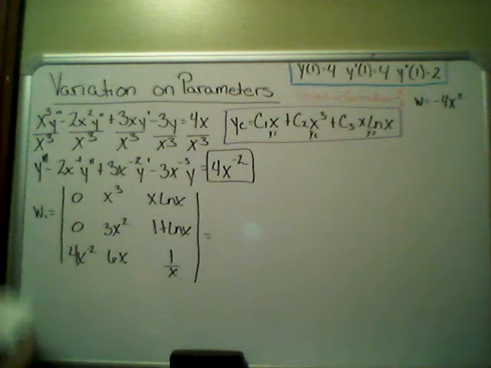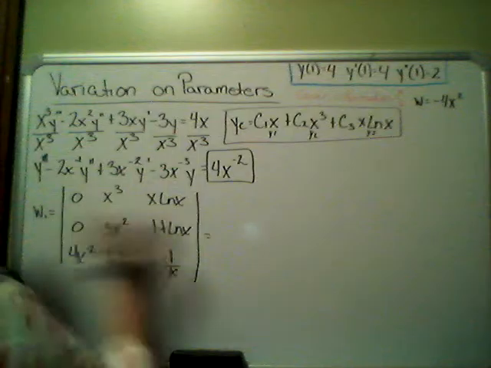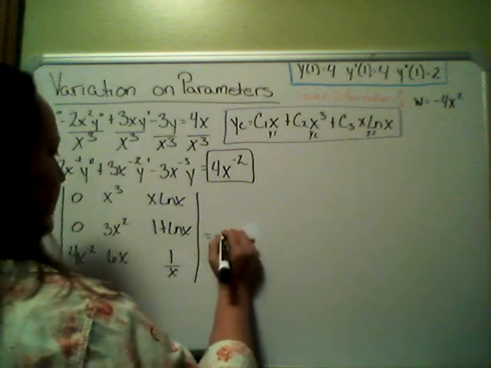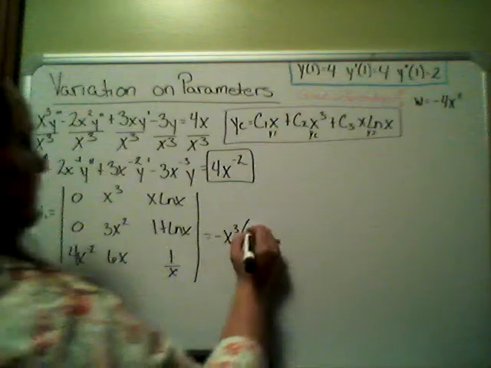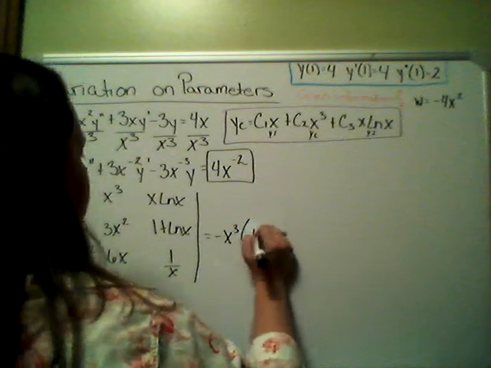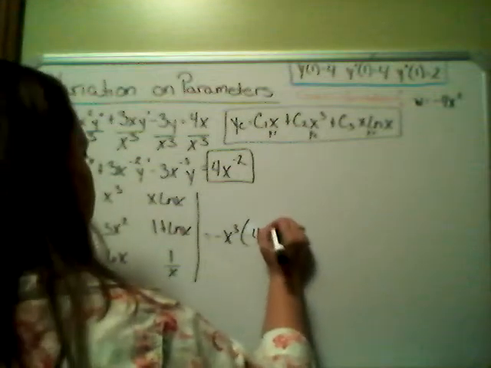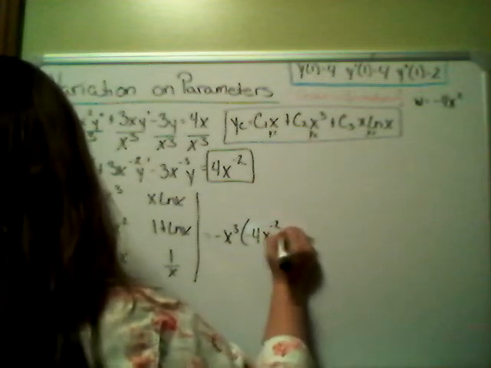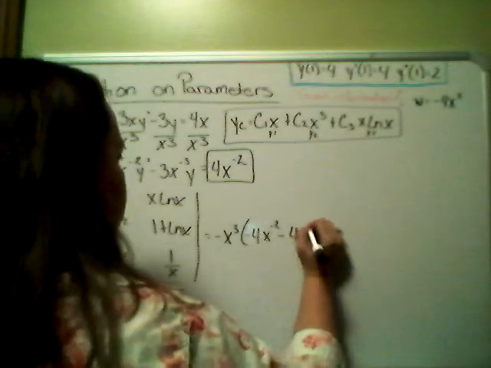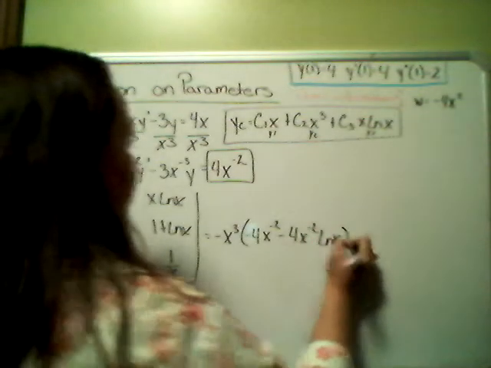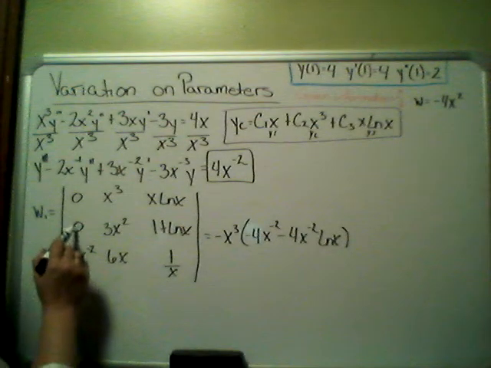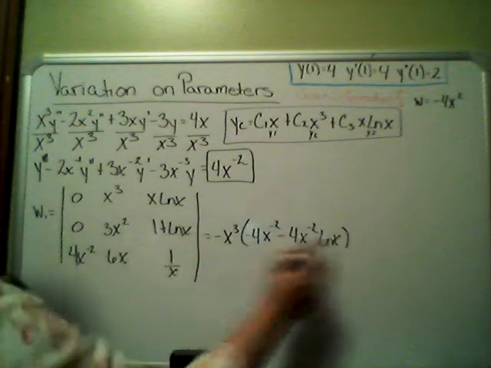Okay, we have a 0 here, so there's no first term. We're going to start with a minus, and it's the x cubed term times minus 4x to the minus 2 minus 4x to the minus 2 ln x. This is because we've got a 0 for the first term, so this has to become a negative.